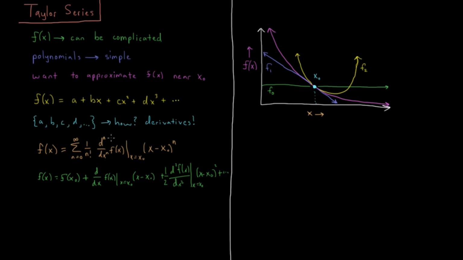Okay, so let's do an example. Let's do the example of f of x equals e to the minus x. Let's do this at x equals 0.